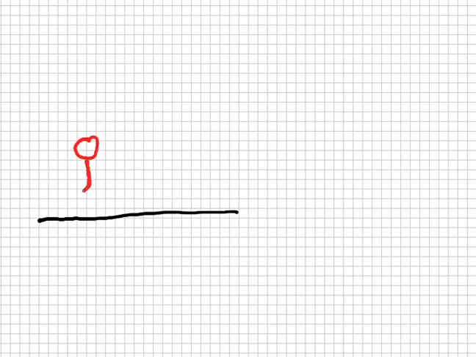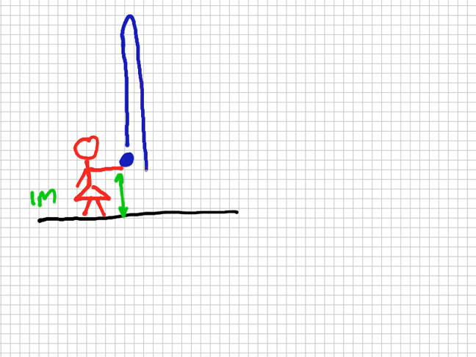This is 1 meter. She has a ball, and she throws it straight up, and then it comes straight down and hits here. And the speed at the beginning is 50 meters per second going up.